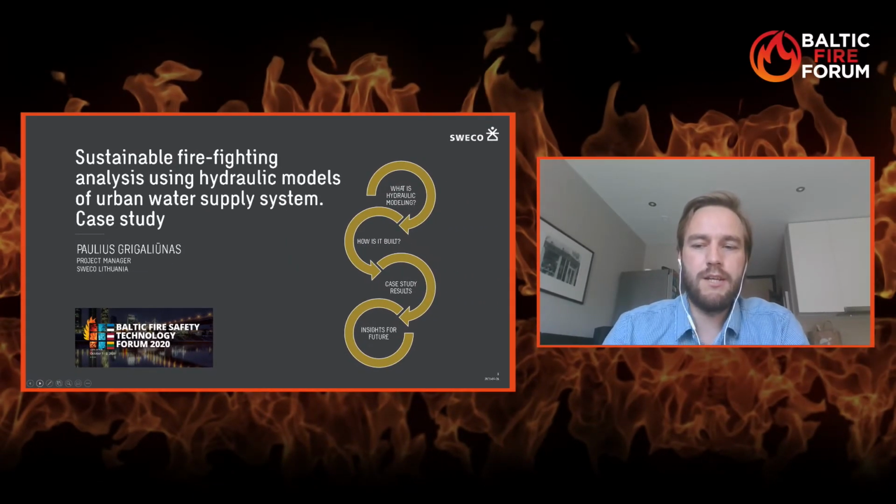I will also briefly present the major steps when you build a model, and the digital integrations between GIS systems and other systems used by water utility companies.